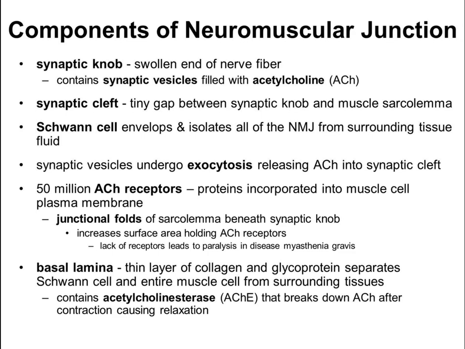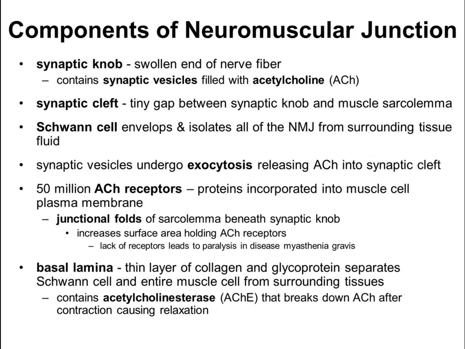Then you have a Schwann cell. This envelopes and isolates all of the neuromuscular junctions from surrounding tissue fluid. And we see exocytosis happening here because the synaptic vesicles are releasing this acetylcholine into the synaptic cleft using exocytosis.